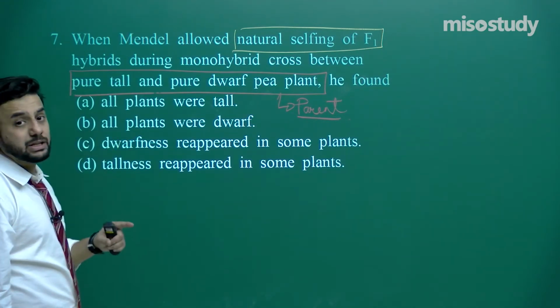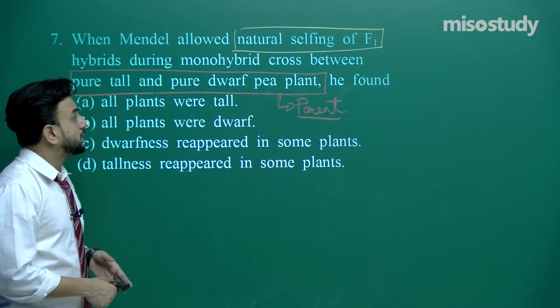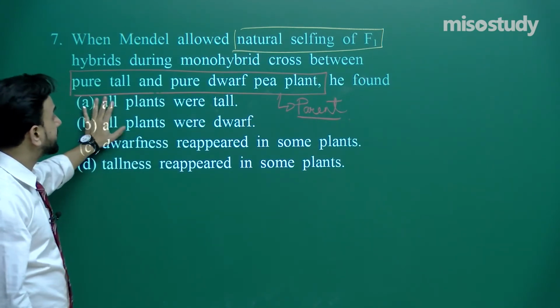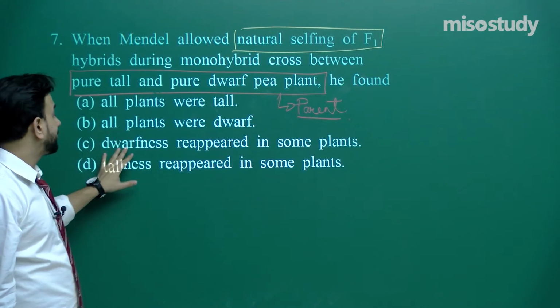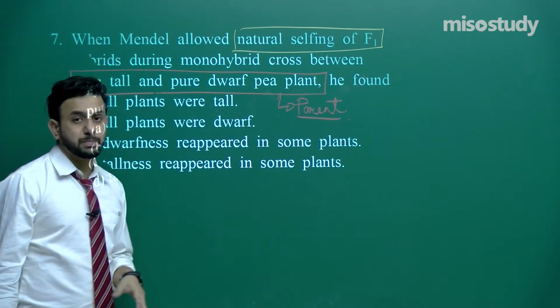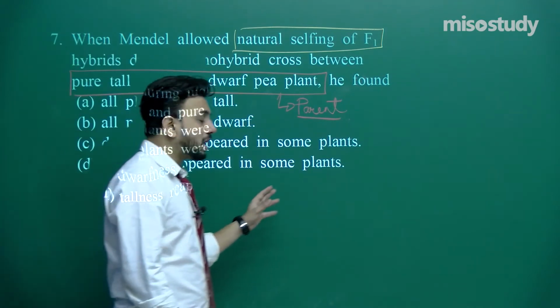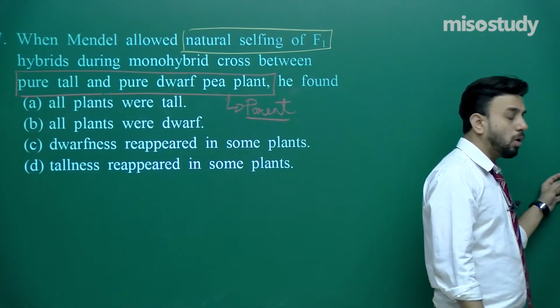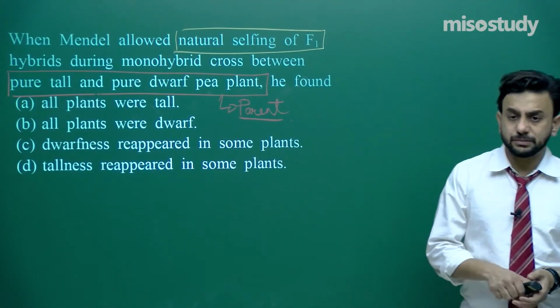And then in the F2 generation, the question is asking what can be the probability among them. Will all the plants be tall? Will all the plants be dwarf? Dwarfness reappeared in some plants and tallness reappeared in some plants. So let us do this cross. Okay, come back here and let us see what this question says.